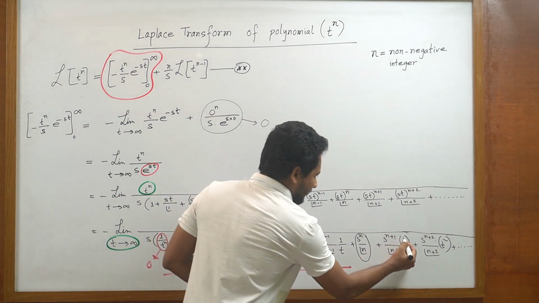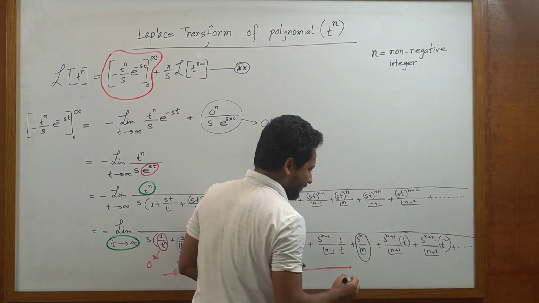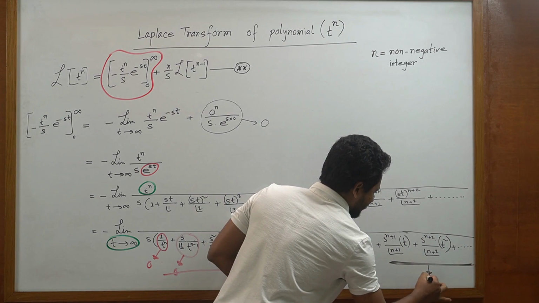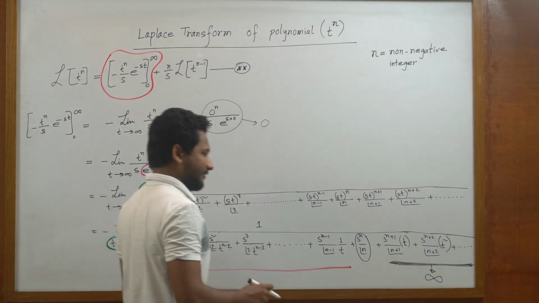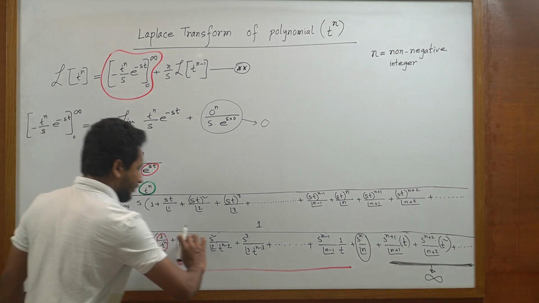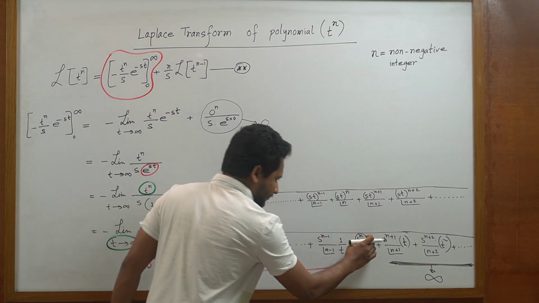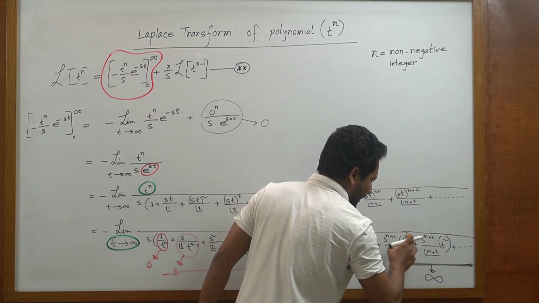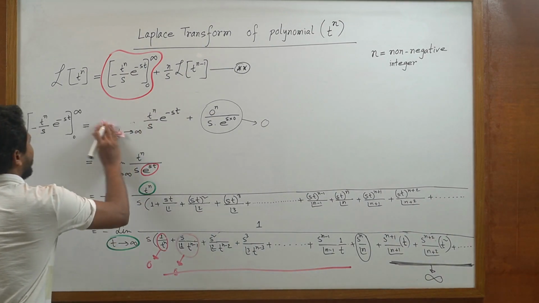Then t approaches infinity, t square approaches infinity, so this portion approaches infinity because t approaches infinity. So this portion is approaching 0, this term is unchanged, and this portion approaches infinity.